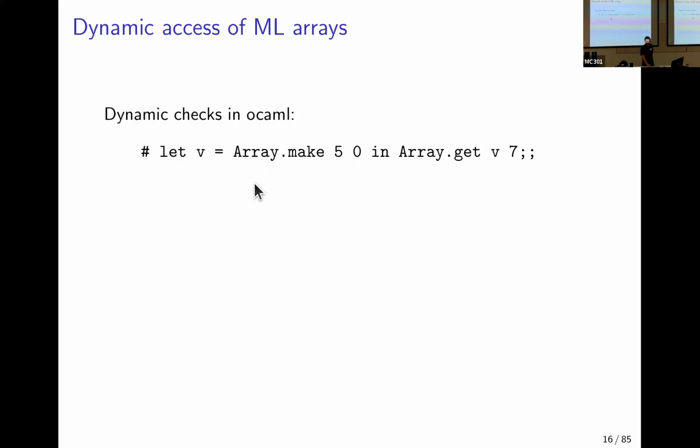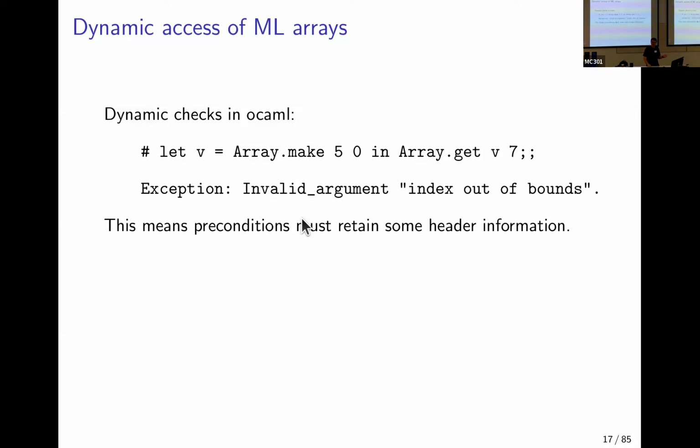What is interesting though is, if you do this in OCaml, maybe a terrible way to write an access in an array outside the bounds: V is Array.make 5 0, so it's an array with 5 zeros in it. And then Array.get V 7 is accessing the index 7 in this array. So that's an exception. That is not a fatal error. You can catch it.